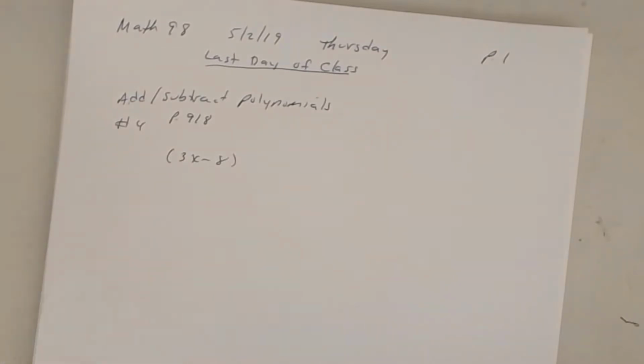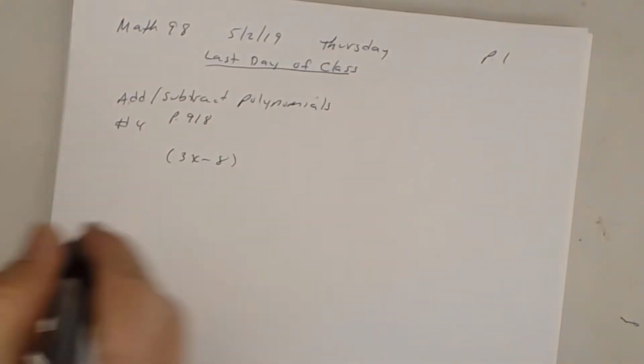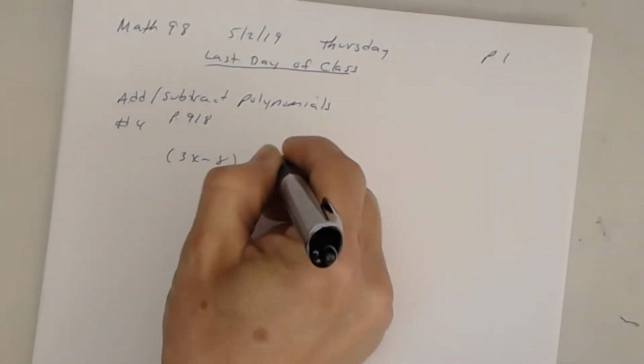And so you have this polynomial, which has how many terms? Because in one of the videos you talked about terms. How many terms does this polynomial have? 2. What are they? 3x is the first one. What's the other? Negative 8. Okay? All right. And then you're going to add that to this polynomial.